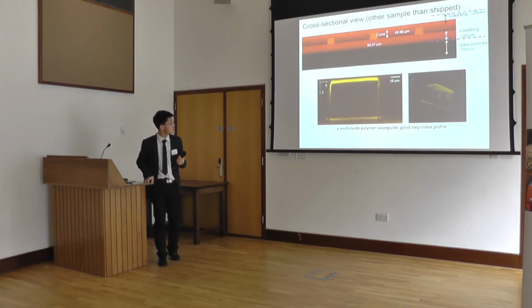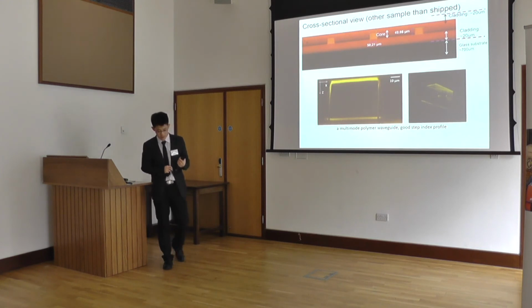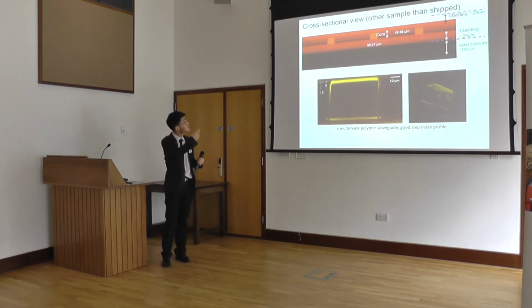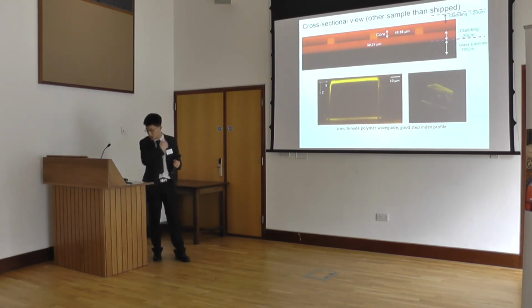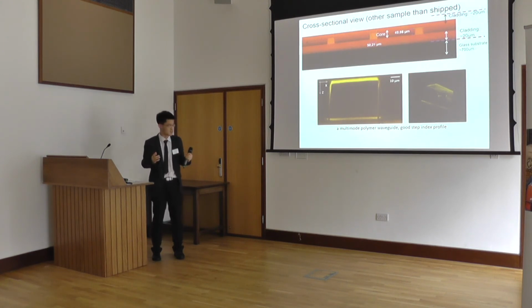A few more images. As mentioned in previous talks, people are interested in wearable electronics, wearable technology products. This is a polymer waveguide. Different from the previous images, which were all on glass. Glass is hard, you can't do anything about it.